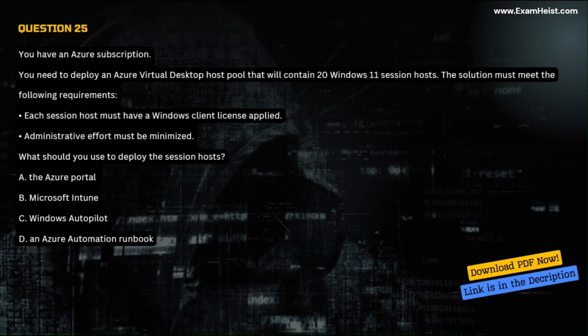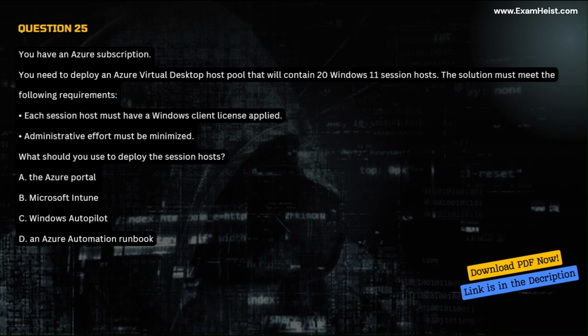Question 25. You have an Azure subscription. You need to deploy an Azure Virtual Desktop host pool that will contain 20 Windows 11 session hosts. The solution must meet the following requirements. Each session host must have a Windows client license applied. Administrative effort must be minimized. What should you use to deploy the session hosts?